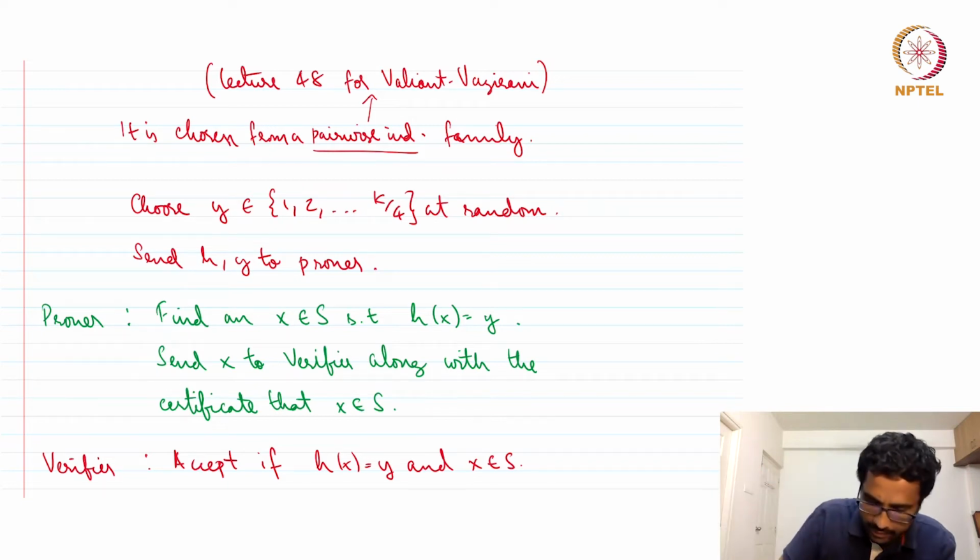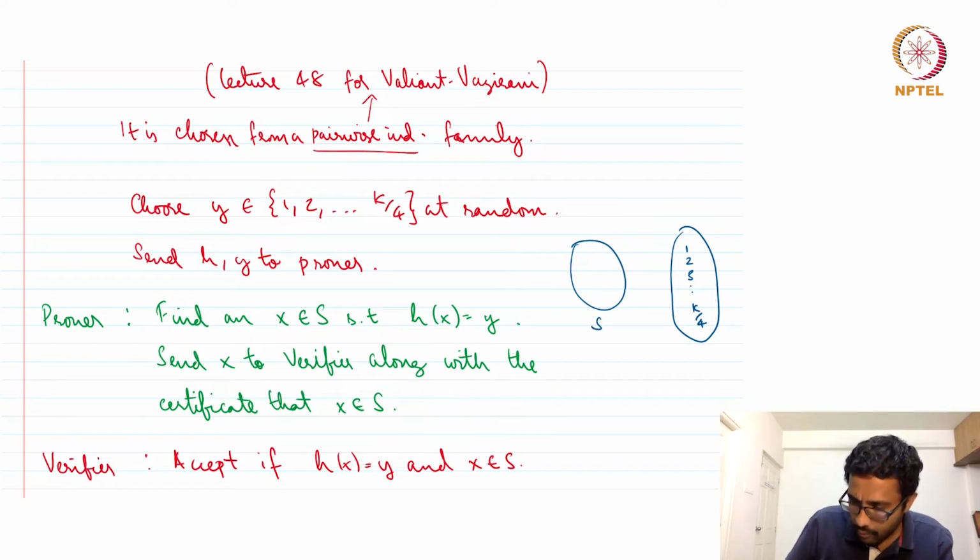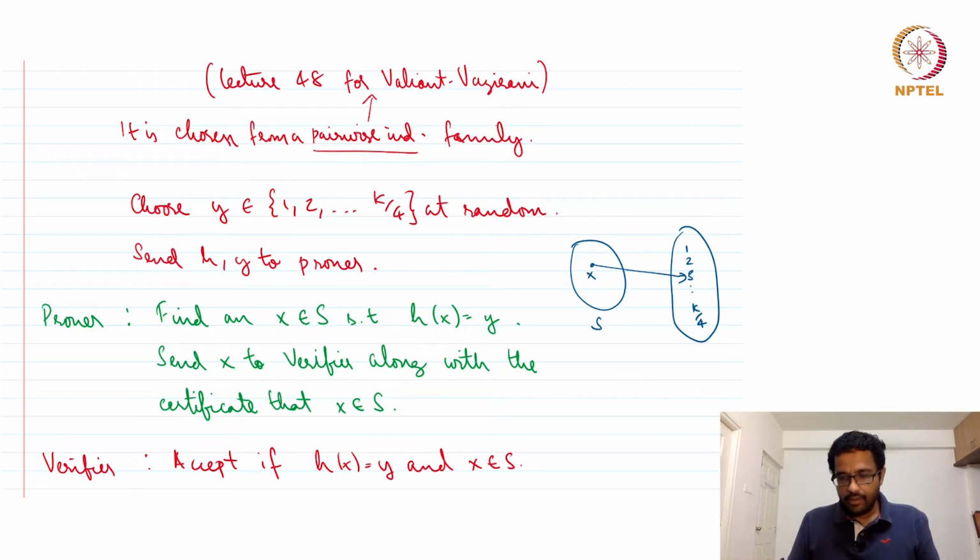So it's like this: this is the set 1, 2, 3 up to k by 4, and this is the set S. Given a certain y, the prover has to find out whether there is an x that maps to that y, and if there is, the prover will send that value x to the verifier.